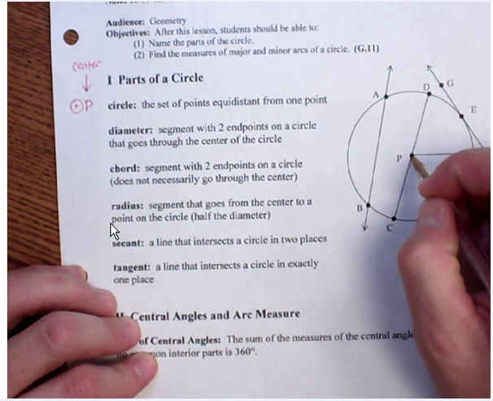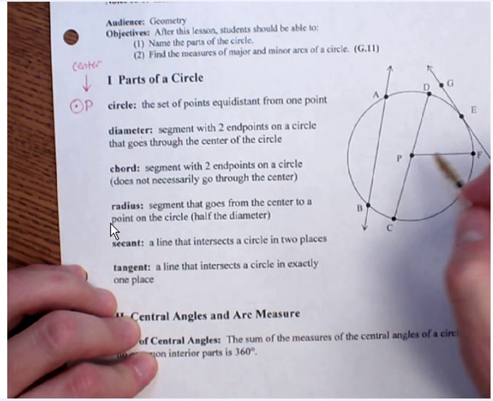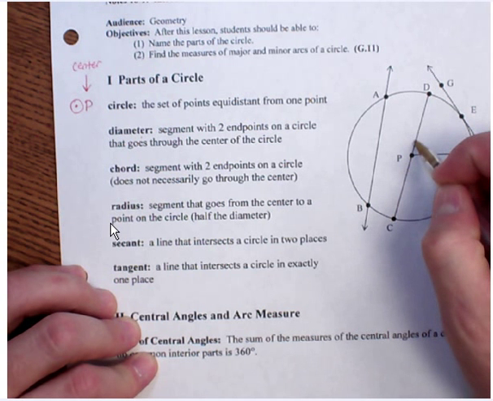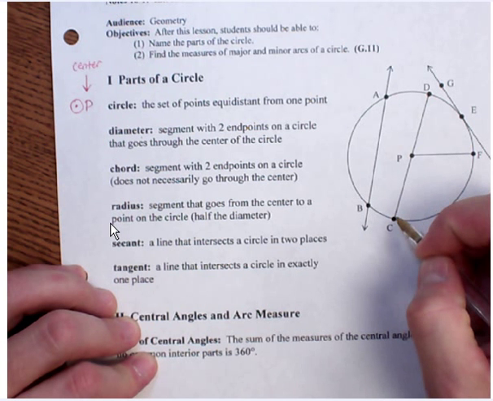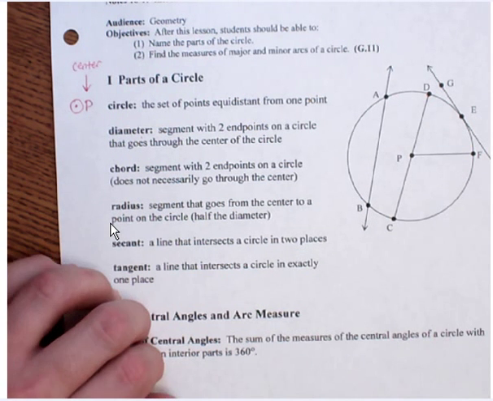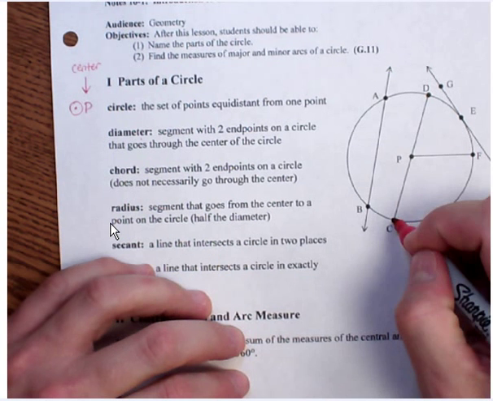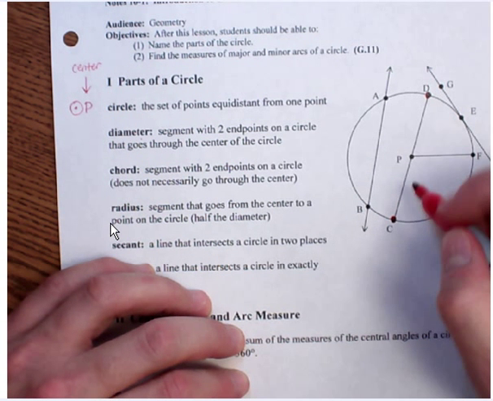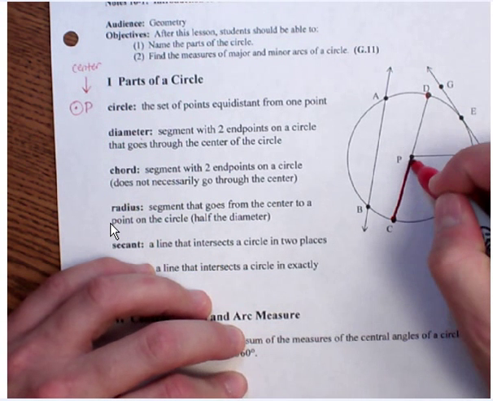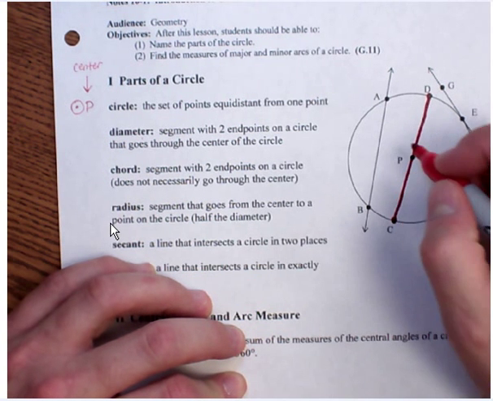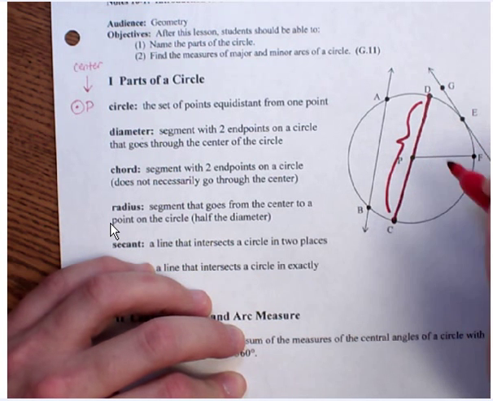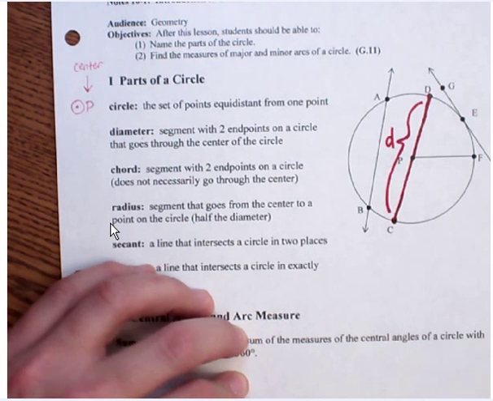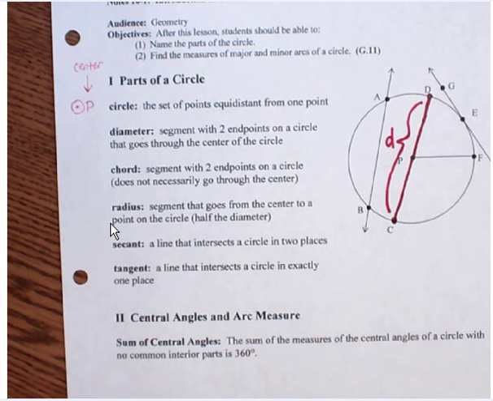So if you take the center here, P, and we draw a segment that has both of its endpoints on the circle, so C and D, for example, and we connect those, if it goes through the center, then this is what we would call a diameter. All right, so this whole thing here, CD, let's just use the letter D for that. That is a diameter.